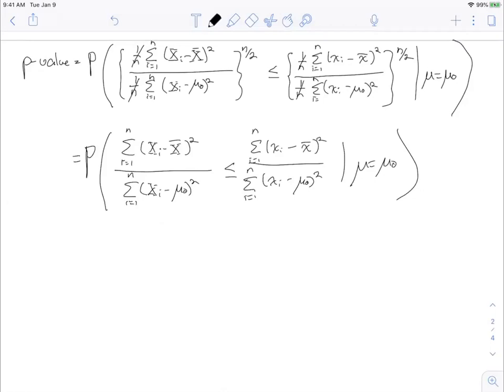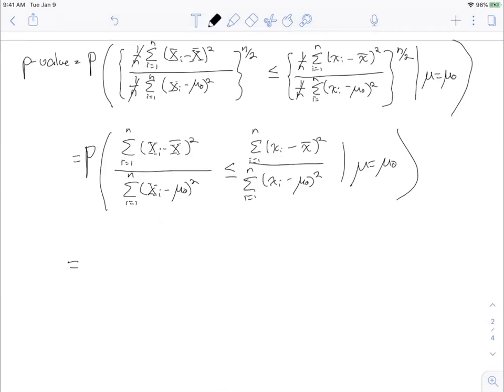All right, and now let's flip these around for convenience. So what I want to do is invert these left and right hand sides. And as I do that, I'm going to have to switch the direction of the inequality.